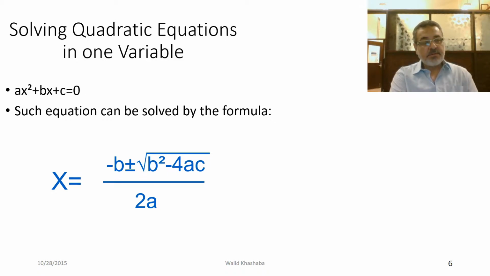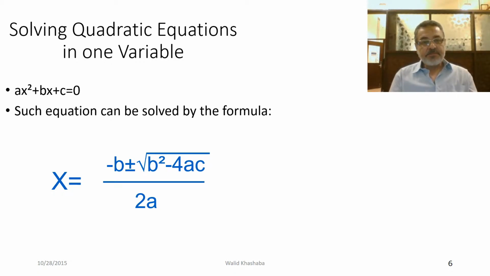Of course, as you can see, it's in one variable, unlike the previous equation, which was in two variables. Here, the equation is ax squared plus bx plus c equals 0. Well, there is a formula we can use to solve it. Some of you know how to factorize it into two brackets, especially when the numbers are easy.